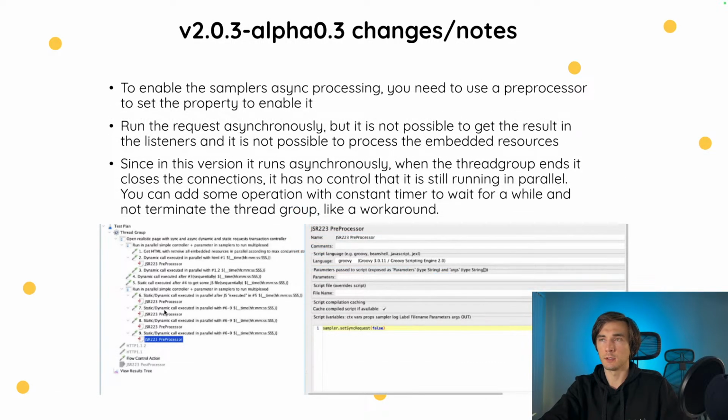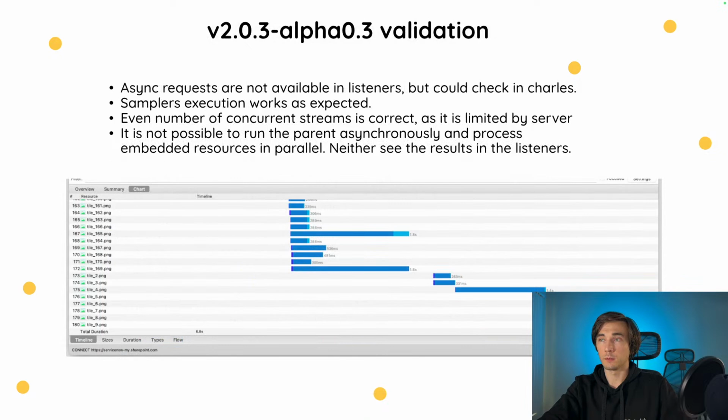So now, yes, we do not have all the results in listeners. That's a drawback. It's a big problem, but still, we can play with the flow itself as we wish. So we are able to send requests in any flow we want to design.